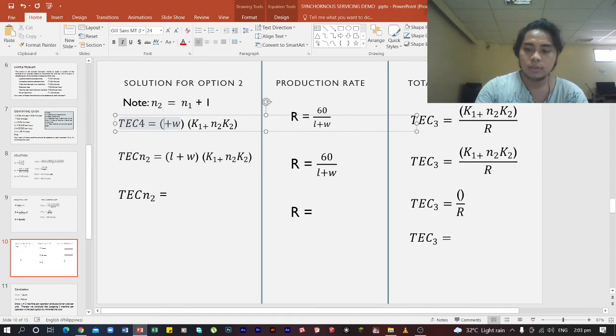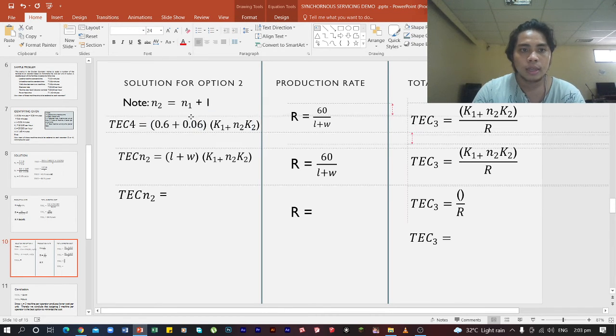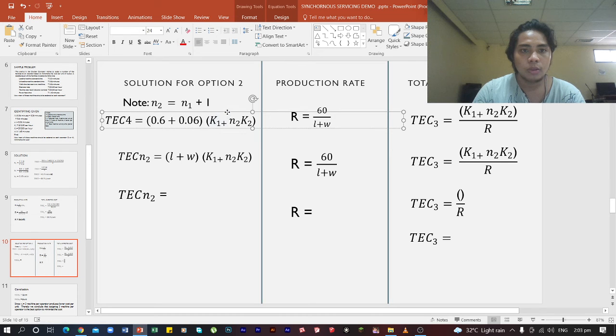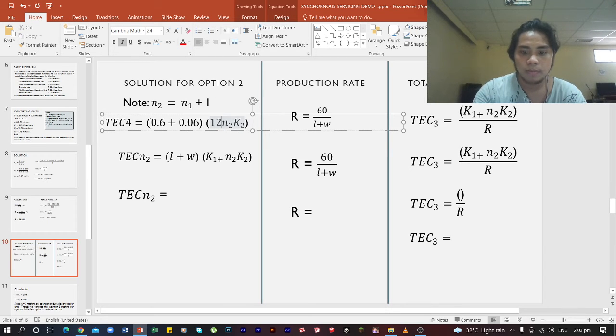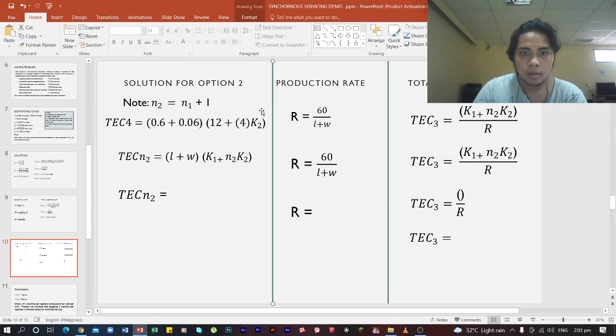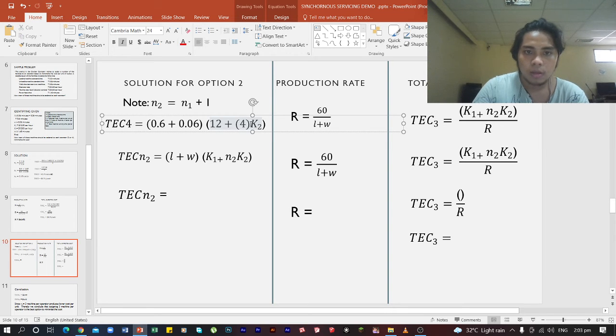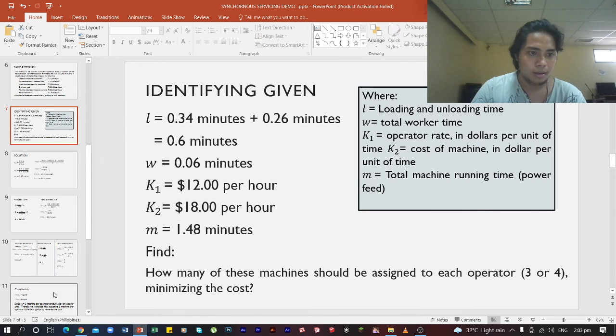So L is equal to 0.6. Our M is 0.06. K1 is 12 plus 4 times K2, which is 18. Alright, K2 is 18.